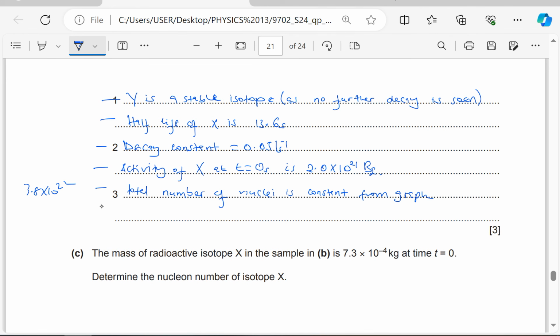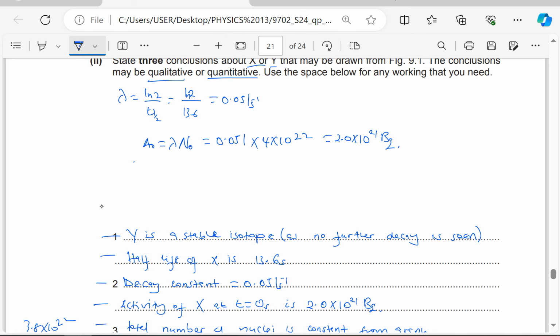What have I left out? I think I can also talk about the amount of X. That is the number of moles. Amount, number of moles is equal to mass over the molar mass, which is the same as number of nuclei divided by Avogadro's number. So I'm finding amount at t equals 0.